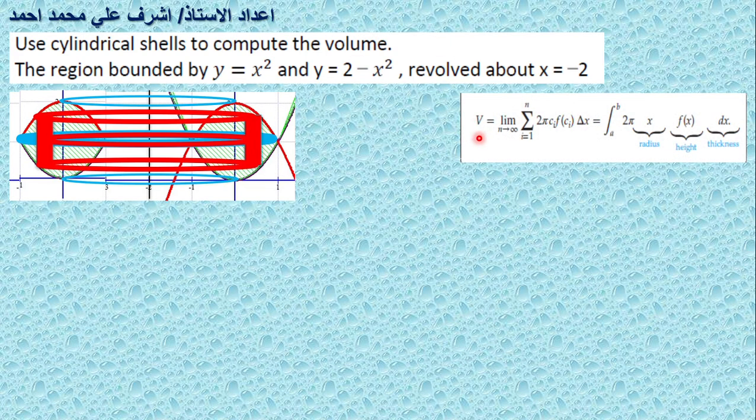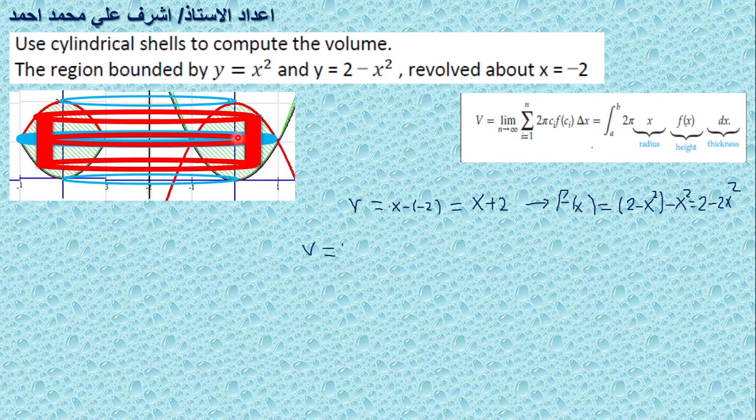Our rule: V equals the integral from a to b of 2 pi times radius times height times thickness. Our thickness here is dx. We have to determine r and the height.